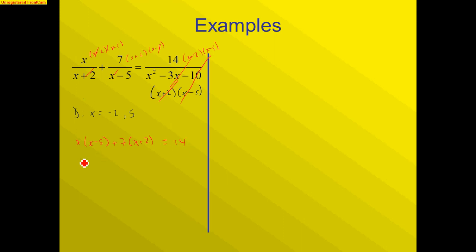This is my Algebra 1 piece. This goes fast. Subtract 14 from both sides. Pull out the greatest common factor. Set each equal to 0.